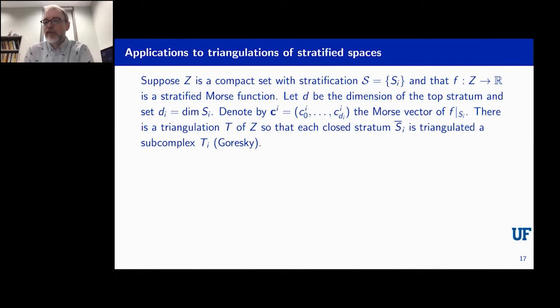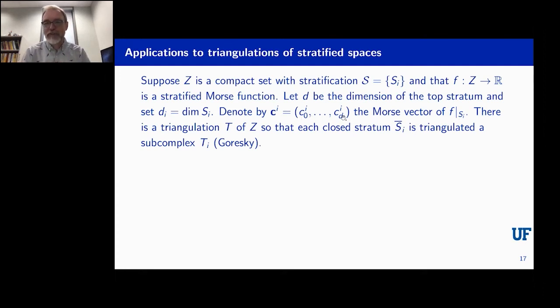So what's a stratified Morse function? Really what you've got is your Whitney stratified set Z. You always assume it's living in some Euclidean space, and that you've got a smooth function on the ambient space, then you restrict it to Z. And the way it works is when you restrict it to each stratum, it's a Morse function on that stratum.